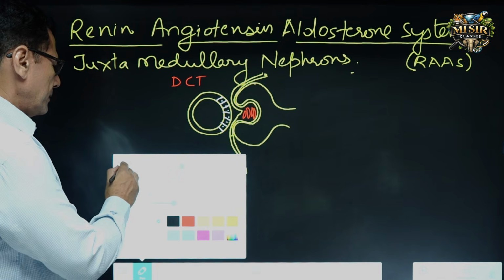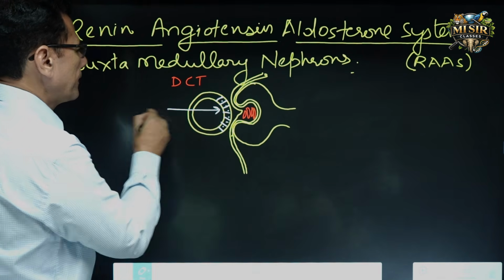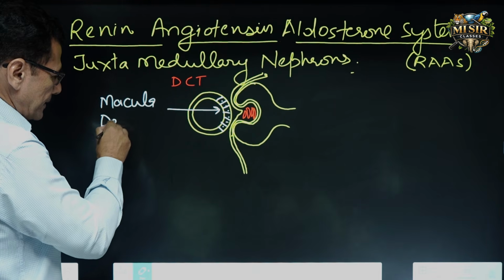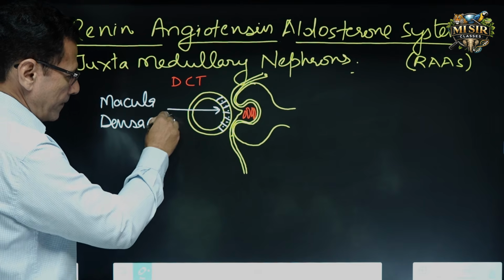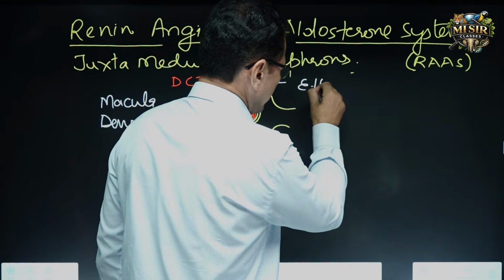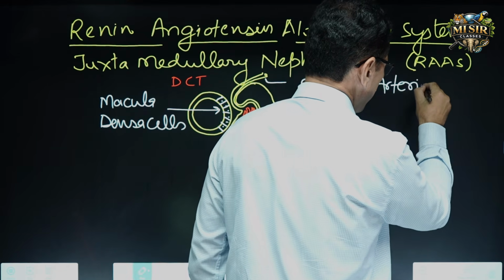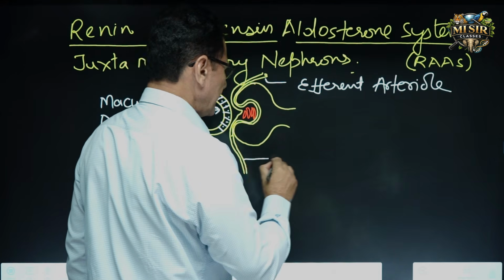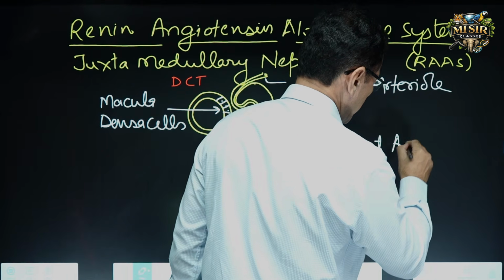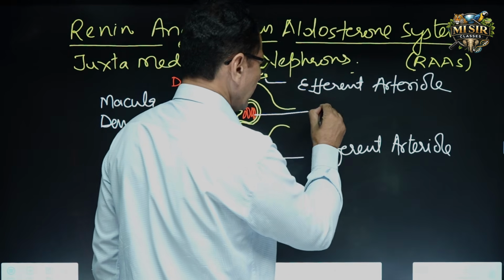These cells are macula densa cells. This is efferent arteriole. This is afferent arteriole. And this is glomerulus.